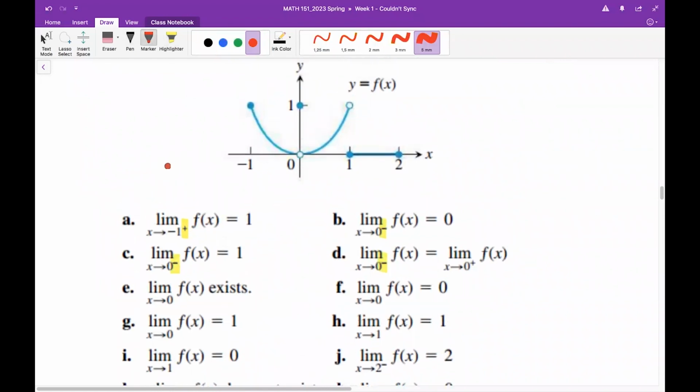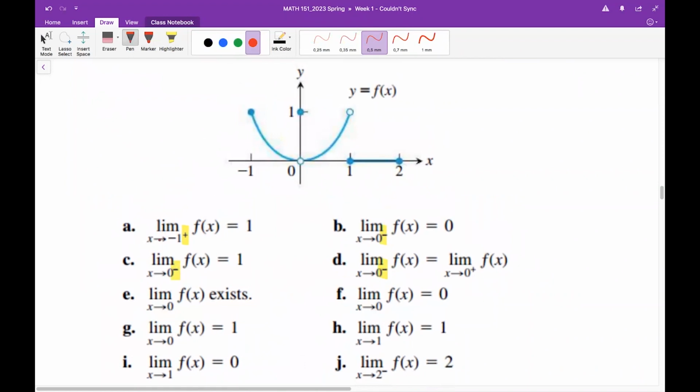Plus means, okay, let's start solving the example. As x goes to minus 1, plus. This plus means that you are approaching minus 1 from the right direction. Minus means, if it would be minus, we would say that we are approaching from the left. Plus means right, minus means left.